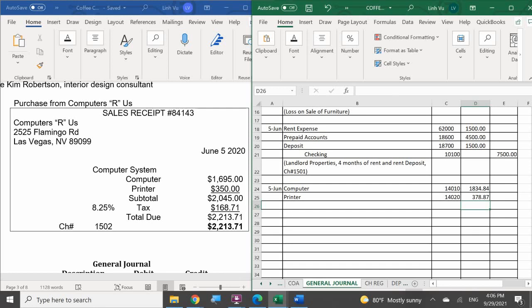Let me see, 350 times 0.0825. So that's 28.875, okay. Let's add that to my printer, 350.